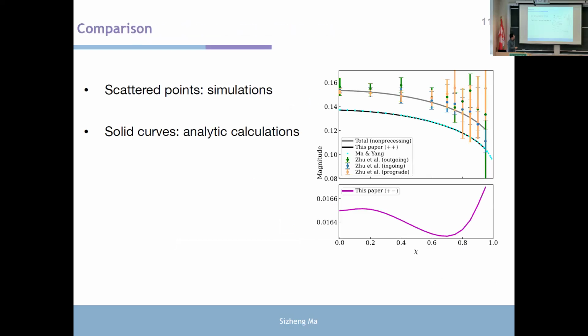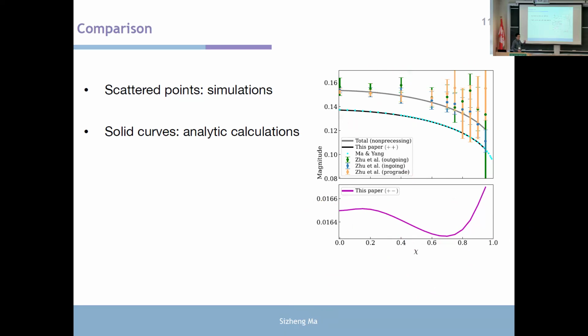So in this figure, this gray curve is the analytic result that we computed with black hole second order perturbation theory as a function of the black hole's dimensionless spin chi from 0 all the way to 1. And meanwhile, those scattered points with error bars are measured from those numerical experiments.